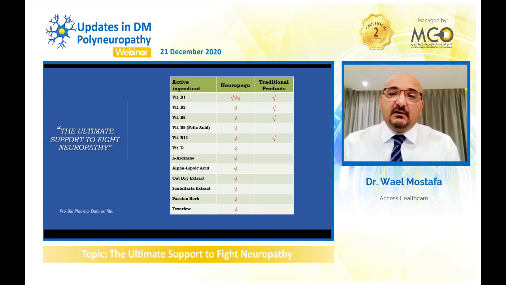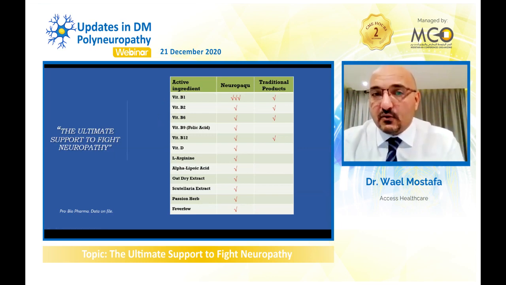Okay, if we look here for the comparison of the traditional product of vitamin B complex compared to the new formula, as you see here, we'll find as a conclusion that we added vitamin B9, which is not available in the current one, plus vitamin D, plus L-arginine, alpha lipoic acid, which is very important for diabetic patients, oat dry extract, scutellaria extract, passion herb, and feverfew.